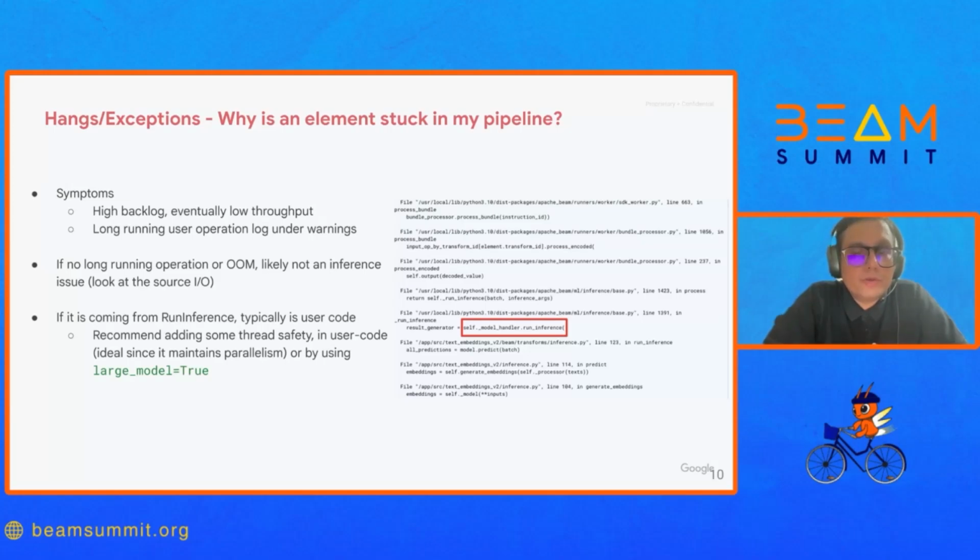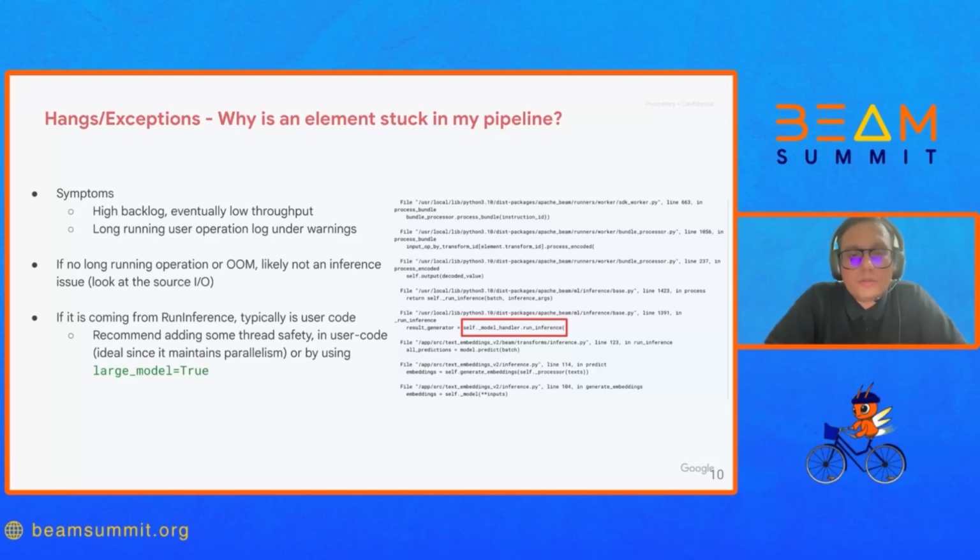Moving on to the next category, where the symptoms are either a high backlog observed in the pipeline or low throughput. Check the worker logs to see if there are any OOMs or long-running user operations related warnings around the RunInference step. If there are no long-running operations or OOMs seen around the RunInference step, then that indicates some kind of issue with the source IO, and that should be investigated.